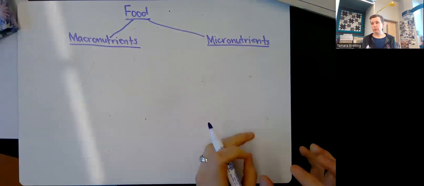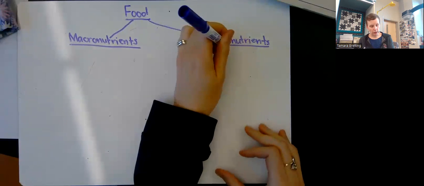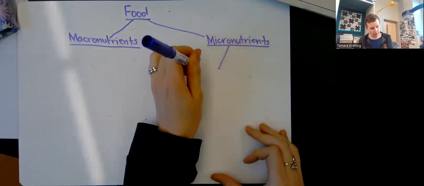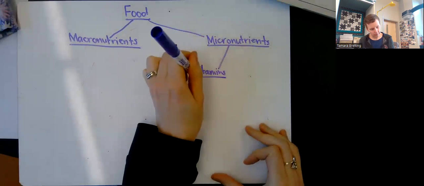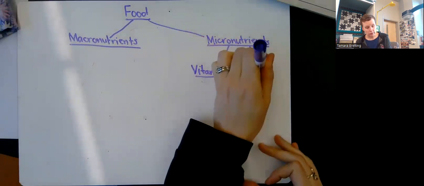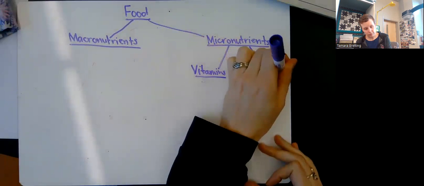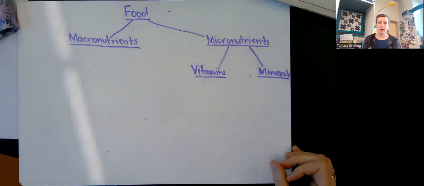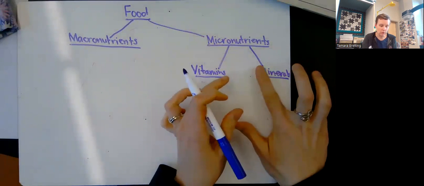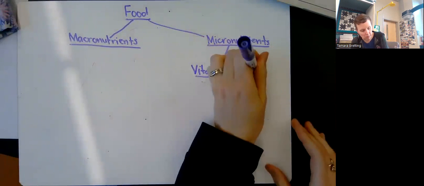So underneath micronutrients, we have two subsections. We have vitamins and we have minerals. We will take notes on all of these things later. Let me just rewrite that so you can actually read it. It says minerals.